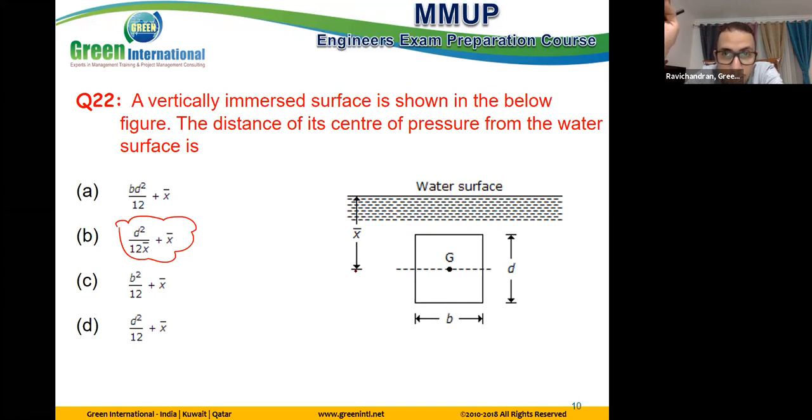And as you know, when you go down, is the pressure increased or decreased? Pressure increased. So it's logical that the pressure applied on this plate is not the same, because the height along the plate is not the same. This is higher pressure, this is low pressure.